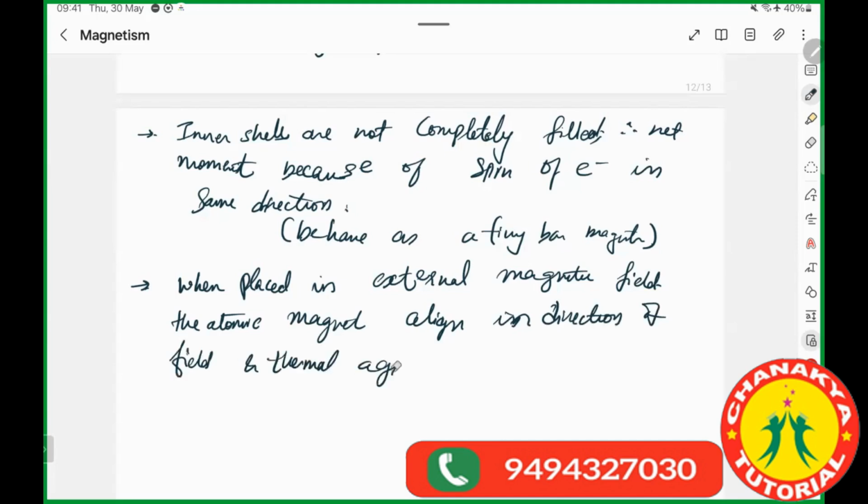Thermal, okay, no need to write about it. And opposite direction. The properties we will write.